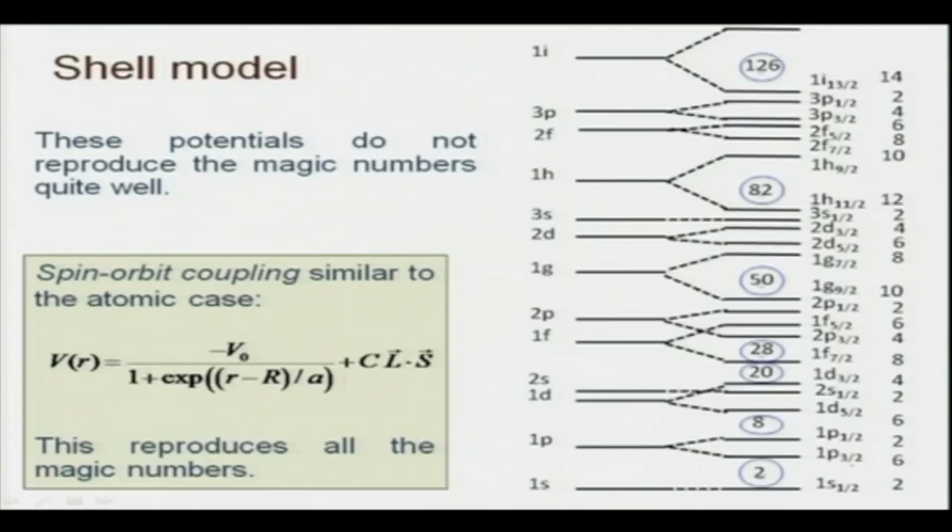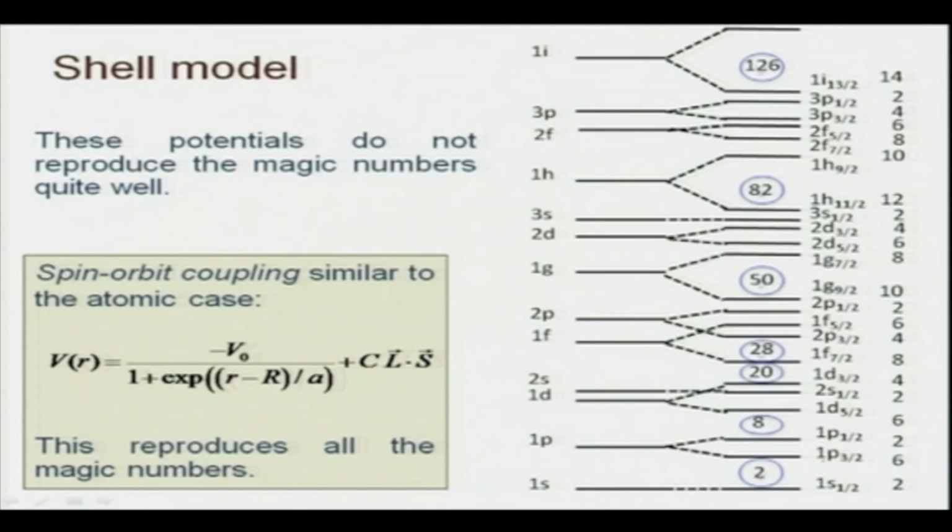So, 1 p 3 by 2 corresponds to principal quantum number 1, L equal to 1 and j equal to 3 by 2. So, s is L equal to 0, p is L equal to 1, d is L equal to 2, f is L equal to 3, g is L equal to 4, etc.